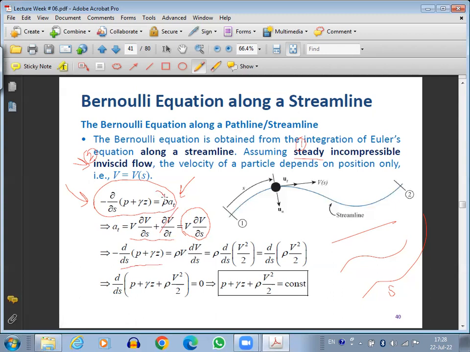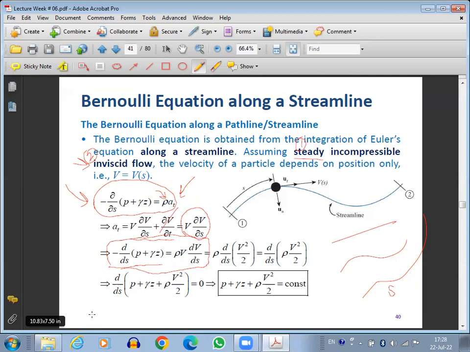Rho is coming from this formula here, and then a_t is v dv/ds. Right? So we get to this point. Till this point, it is clear or not? Negative dp/ds plus gamma z equals rho v dv/ds.